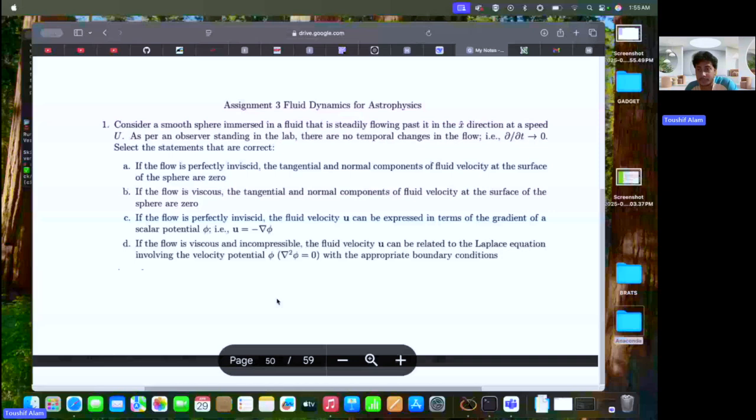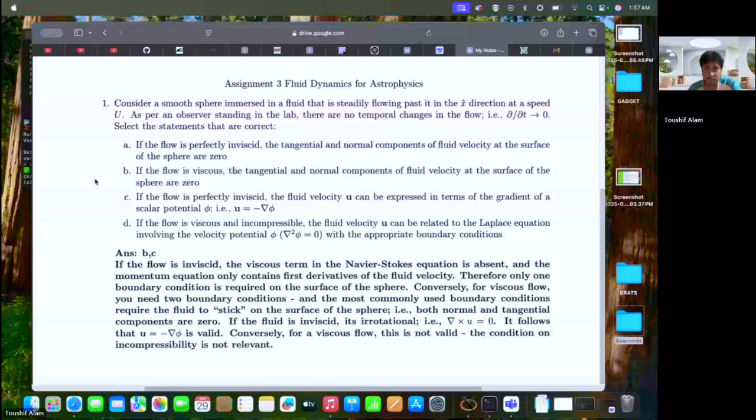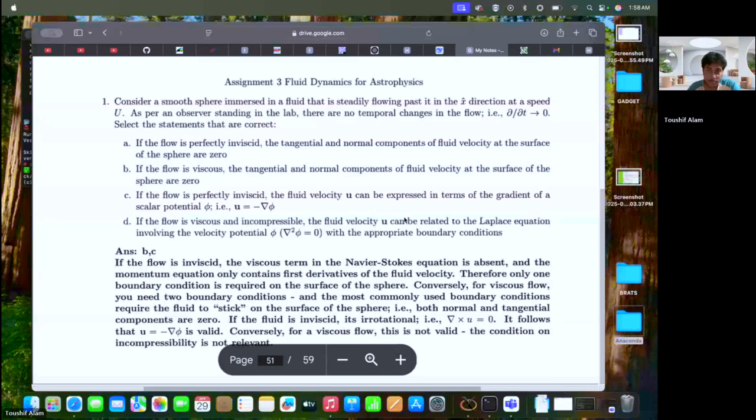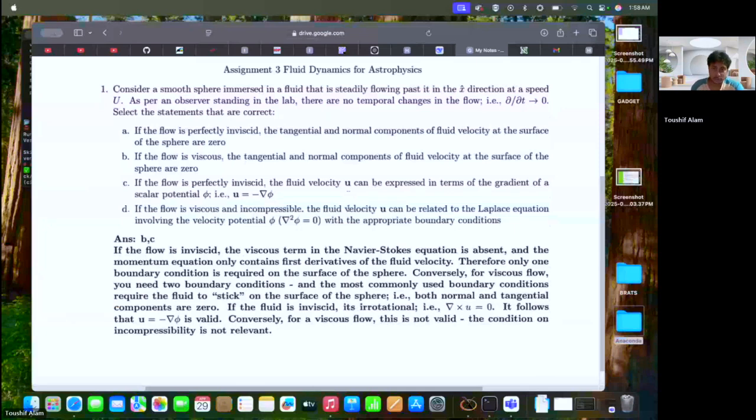Just let me know how many of you have got this right. So I think we have understood the right options.